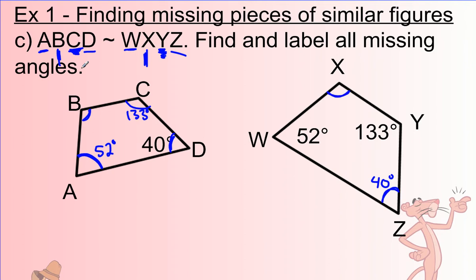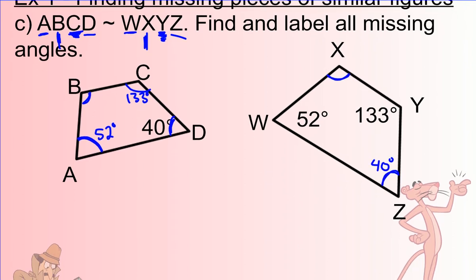So what knowledge do we have that could help us find that missing angle? This, hopefully, is some background knowledge that you already know. Did you know that all of the angles of a quadrilateral, a four-sided figure, if you add all of those internal angles together, they should always equal 360?